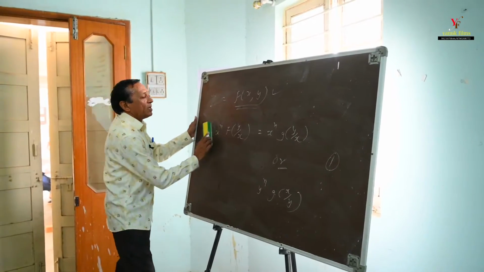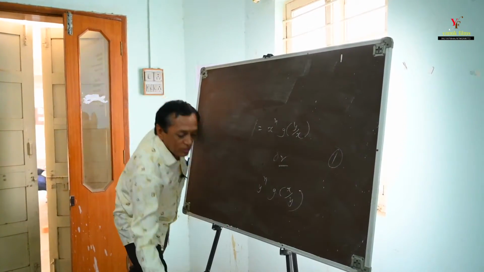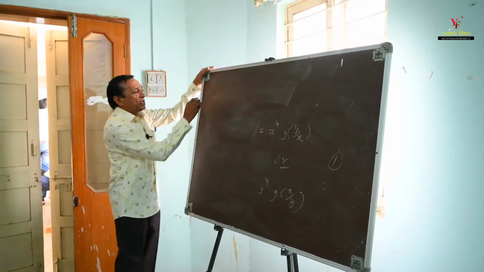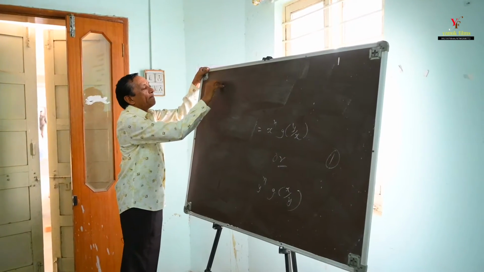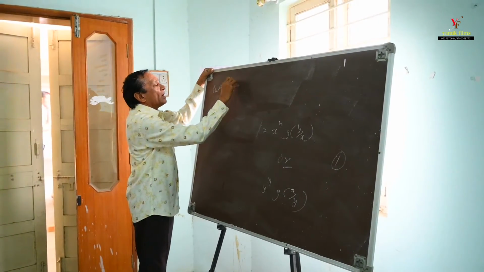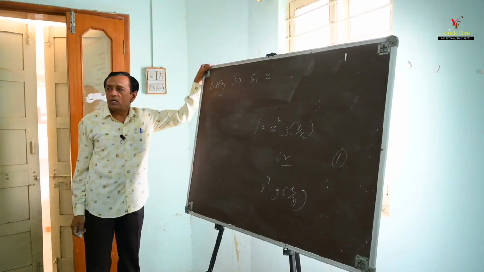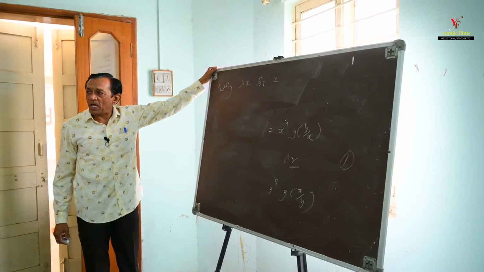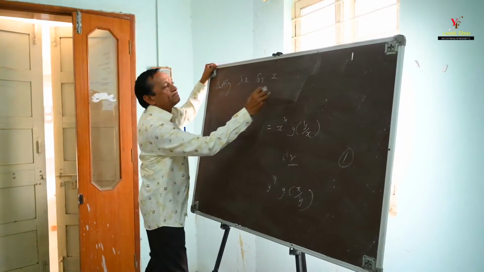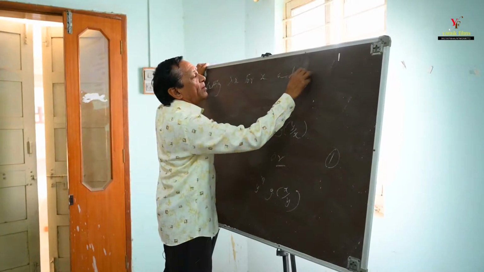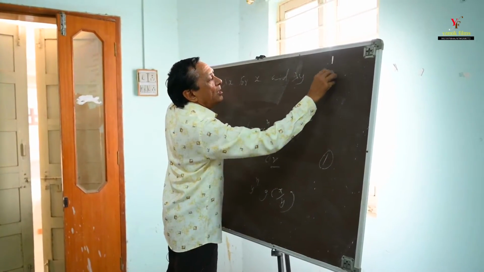In the second method, to find out whether a function is homogeneous, we put lambda x for x and lambda y for y.